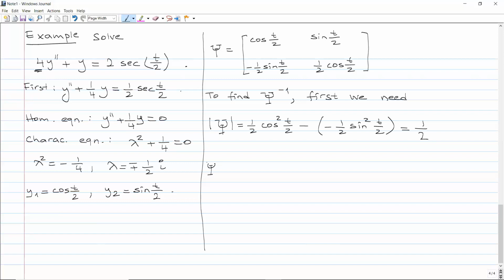So for a 2 by 2 matrix, how do we find the inverse? We take 1 over the determinant, and in the matrix we interchange the elements of the main diagonal, and we multiply the elements in the other diagonal by minus 1.